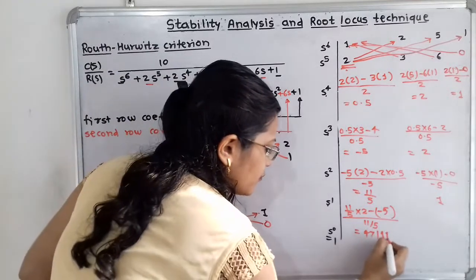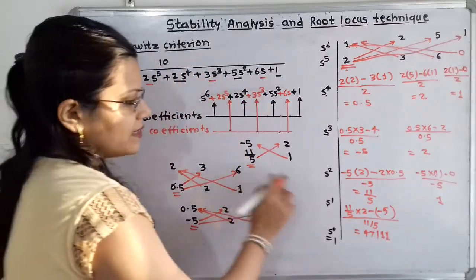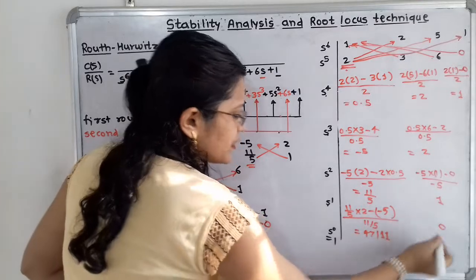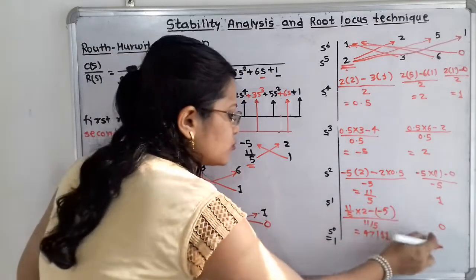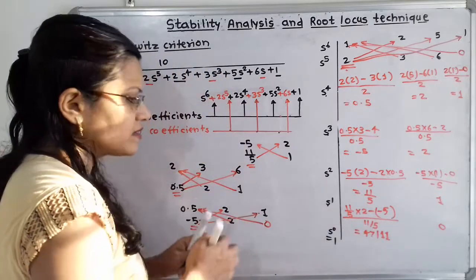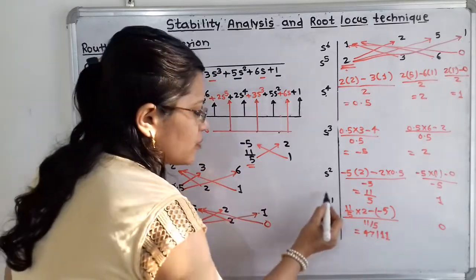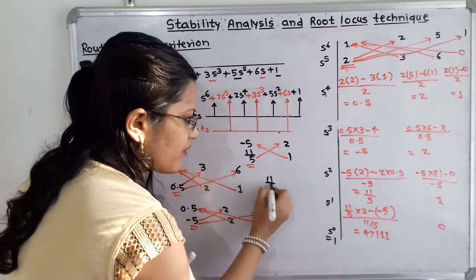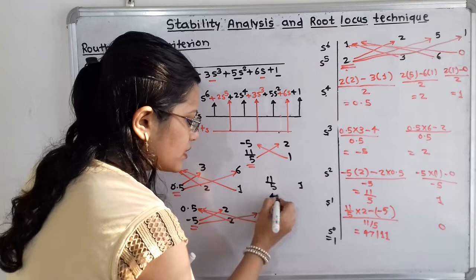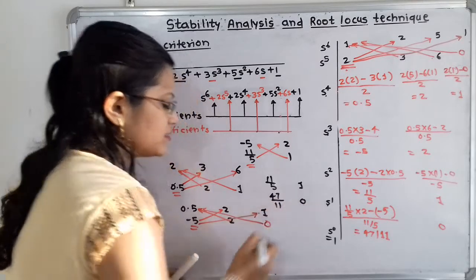So I will write here 47 by 11, and again here no number is there, so we will write 0. Now we take the rows in front of columns s square and s, that is 11 by 5, 1 and 47 by 11, and here 0.